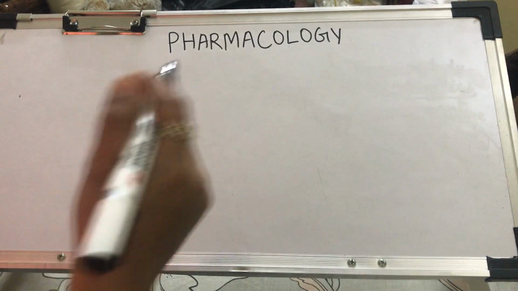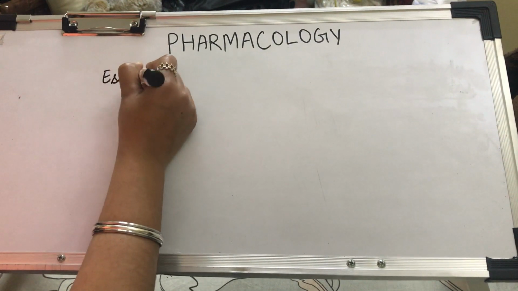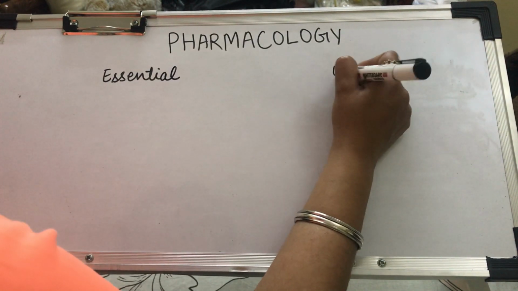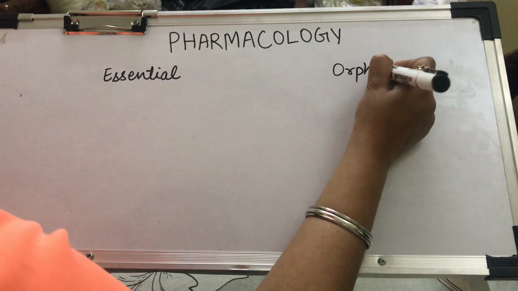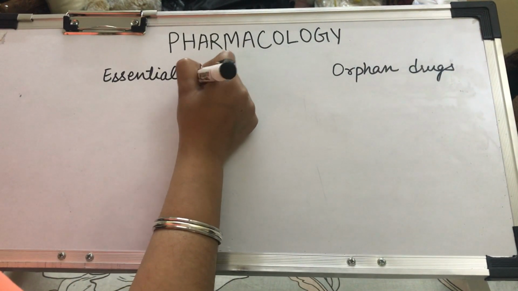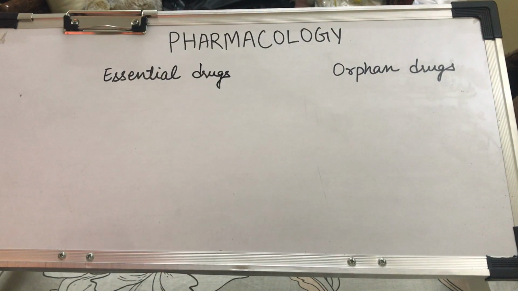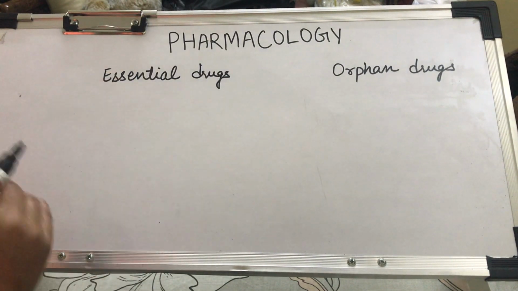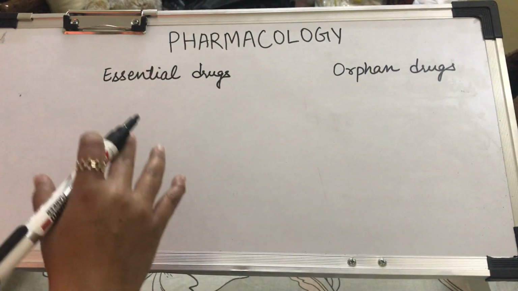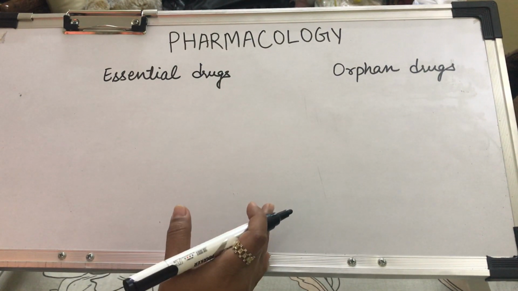There are two types of drugs. There are essential drugs and there are orphan drugs. Now, what is the concept of essential drugs? These are defined by the WHO as those that satisfy the priority healthcare needs of the population.